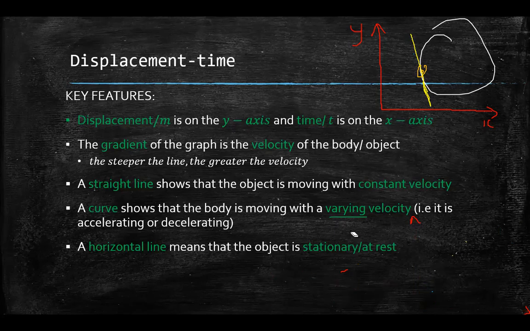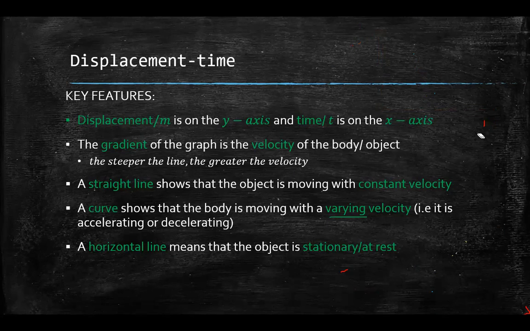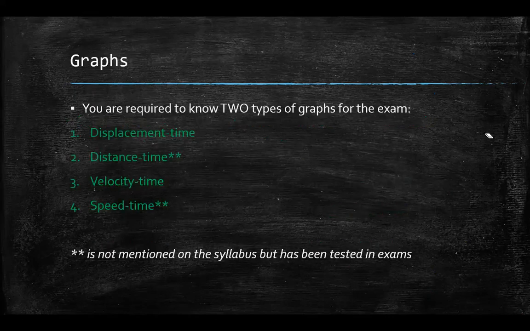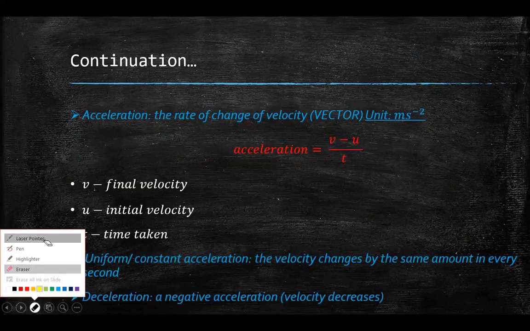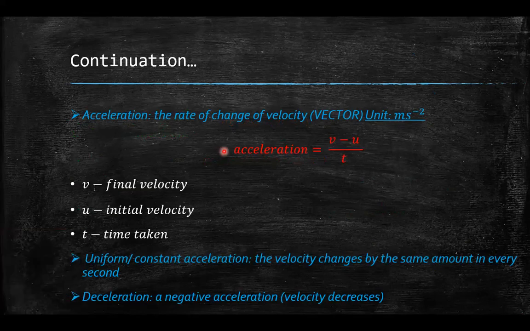So why did I say, i.e., it's accelerating or decelerating? Well, this is why it's important for you to know all those formulae and the definitions. I know it's kind of tedious, but you have to. That's the only way you would fully understand this topic, right?